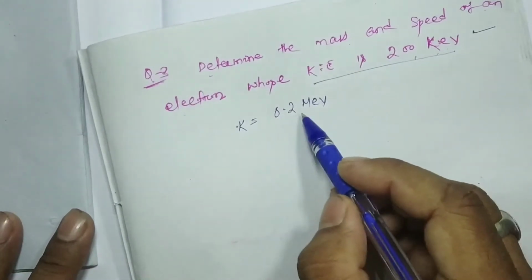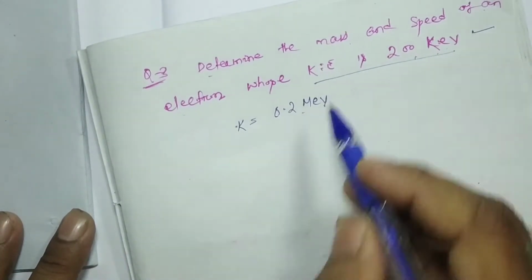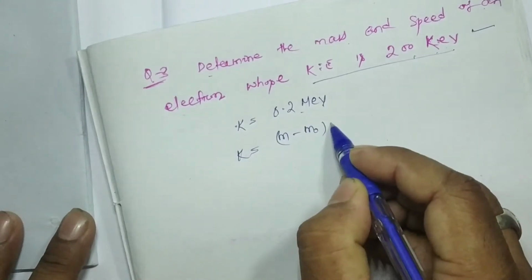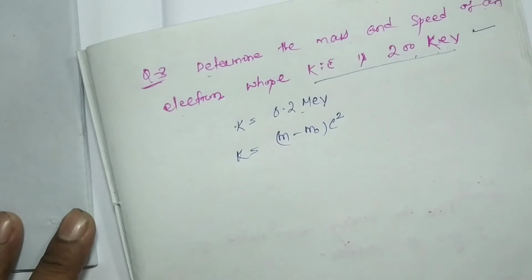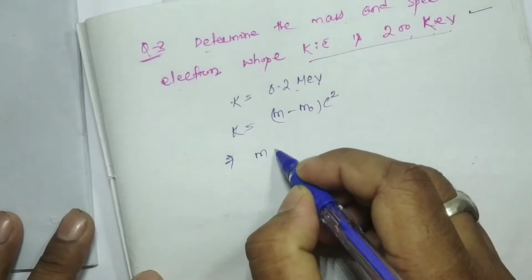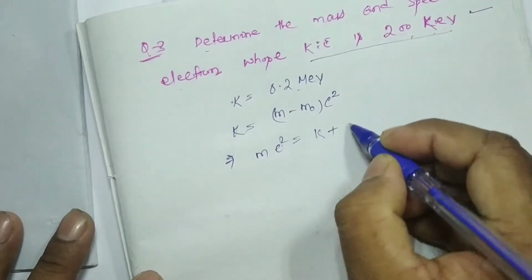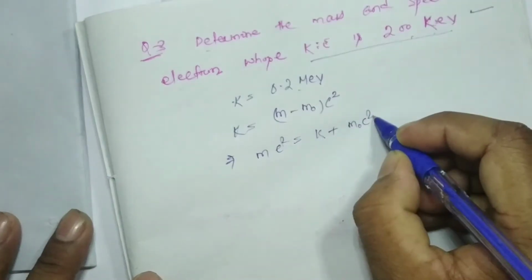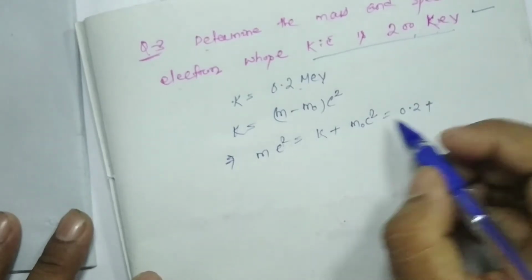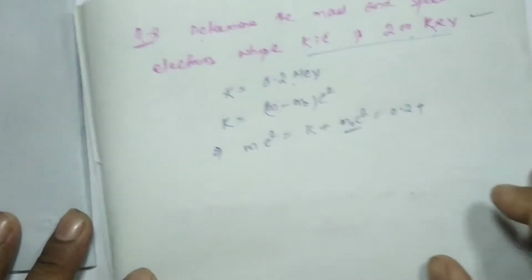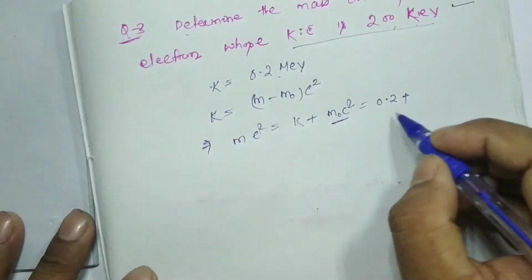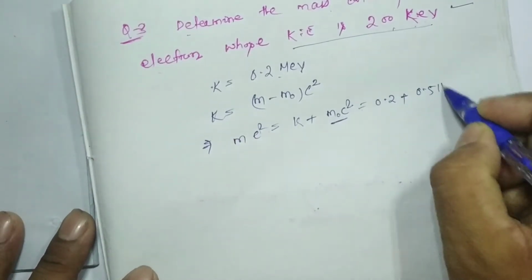So 0.2 mega electron volt, and kinetic energy is nothing but m minus m0 times c square, right? So that implies m c square is nothing but K plus m0 c square, that is 0.2 plus m0 c square, which we already determined in the last question, that will be 0.511.